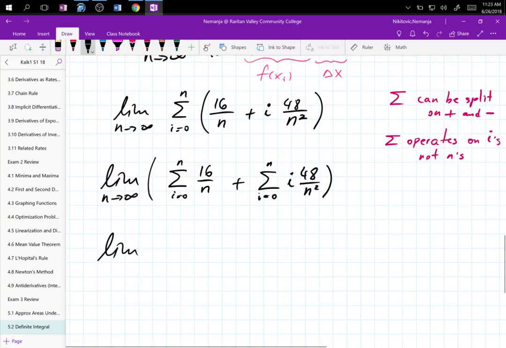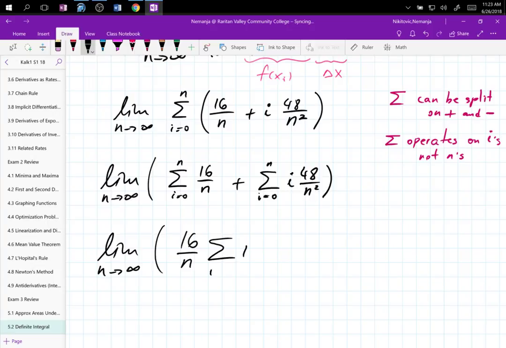So now I have limit n goes to infinity, and then the summation is over here we have 16 over n, summation of 1, i goes from 0 to n, plus, and so 1 stays, right? If you kick everything out, just 1 stays. So I'm adding a finite number of 1s.